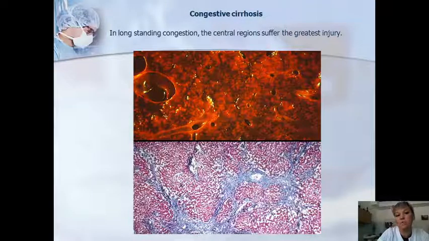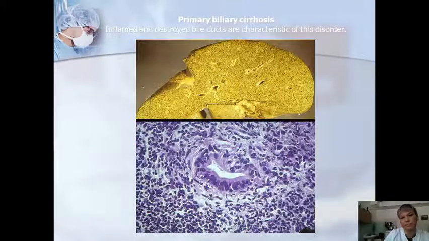Congestive cirrhosis: in a long-standing condition, the central regions suffer the greatest injury. Primary biliary cirrhosis: inflamed and destroyed bile ducts are characteristic of these disorders.